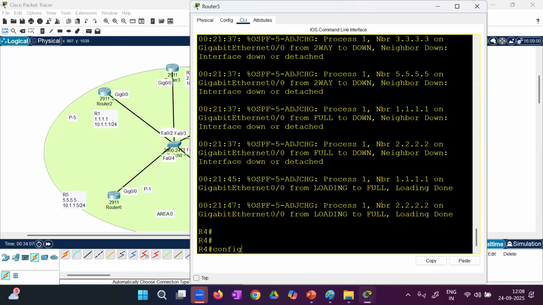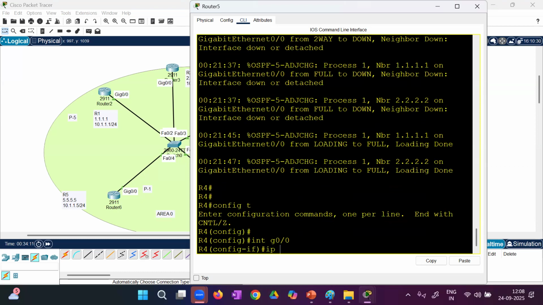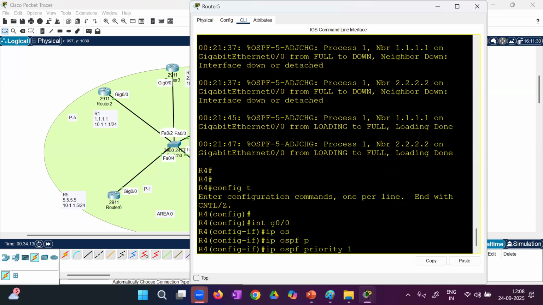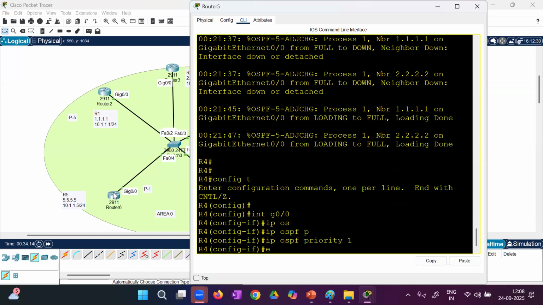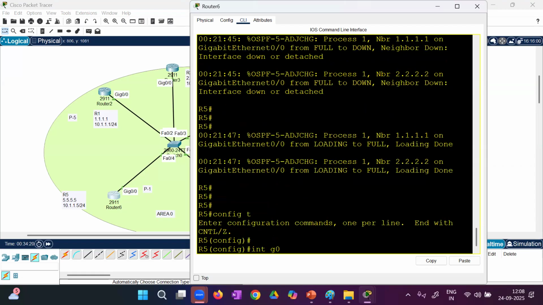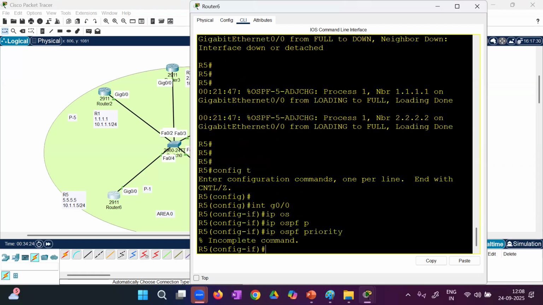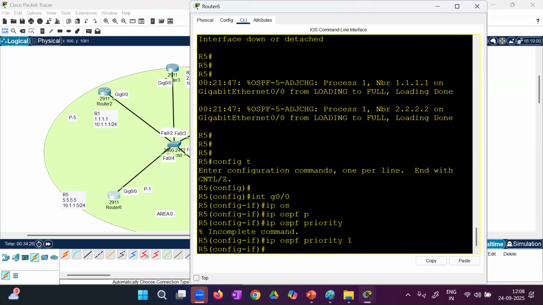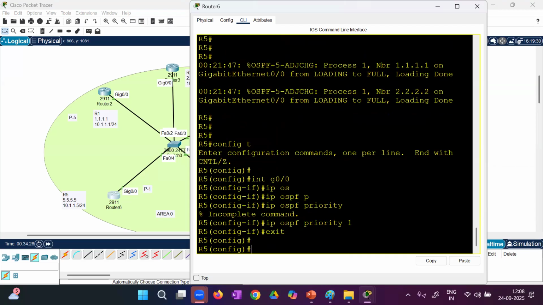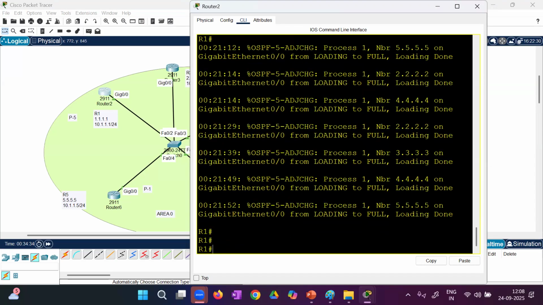Come to config t, interface G0/0, IP OSPF priority as 1. Interface G0/0, IP OSPF priority is 1. Done. Give exit. Now again do the same thing.